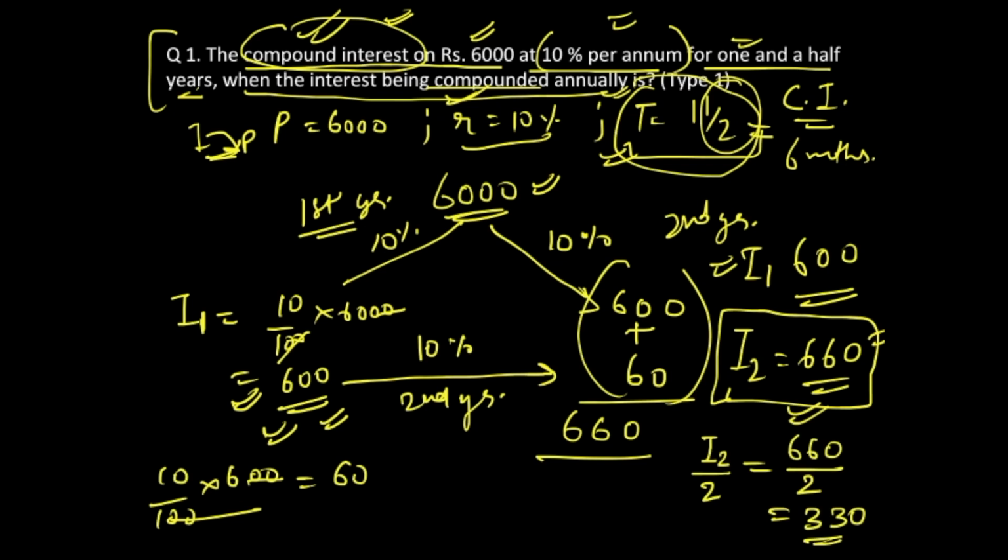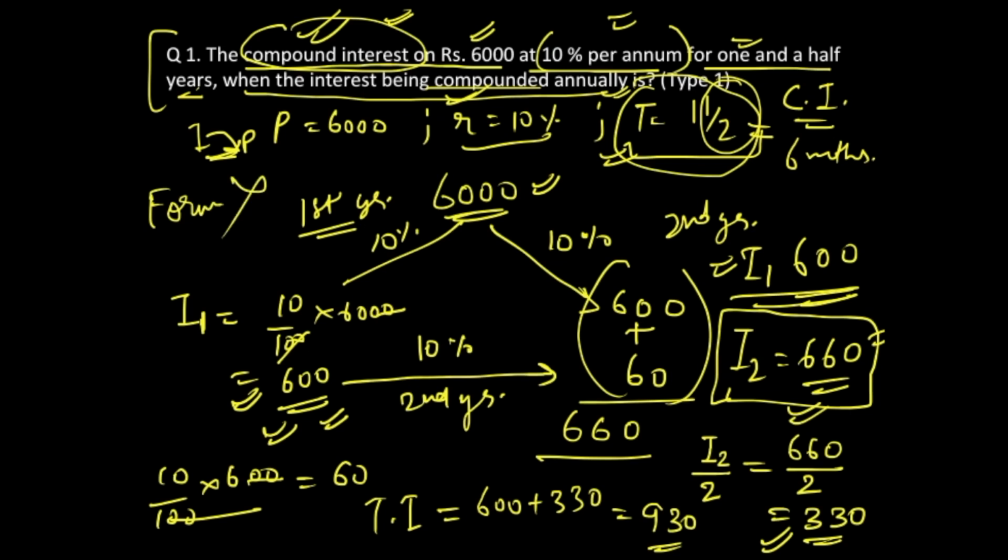So all in all, now you know that the interest in the first year was this much and in the next half year was this much. So the total compound interest is going to be the summation of these two. 600 plus 330 is going to give you rupees 930. So that becomes your answer, right? So this is one approach that you have to follow, in which we haven't used our formula at all, right?